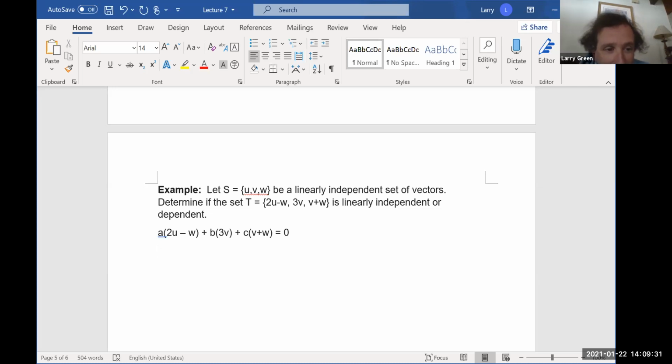Looking at the U term, that's 2A times U. Then the V term is (3B plus C) times V. And then the W term is (negative A plus C) times W, and that's equal to 0. Everyone good with that?